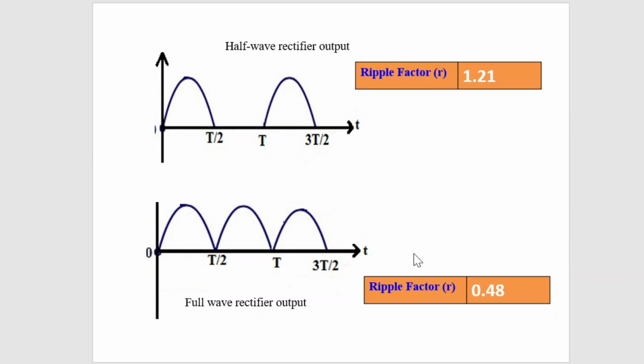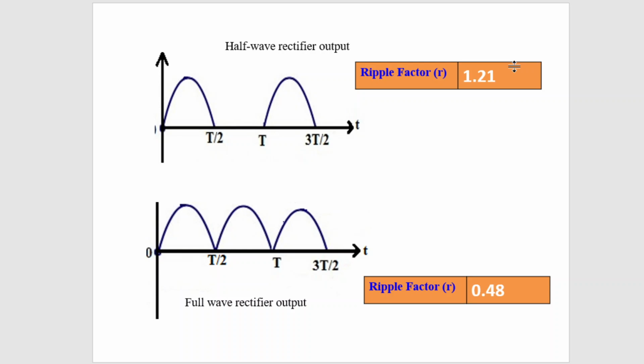What is the meaning of ripple factor? I have explained the concept. Ripple factor means the ratio of AC signal to DC signal, and this number tells that the half-wave rectifier contains more AC signal than DC signal, or we can say the half-wave rectifier gives an output with more variation.